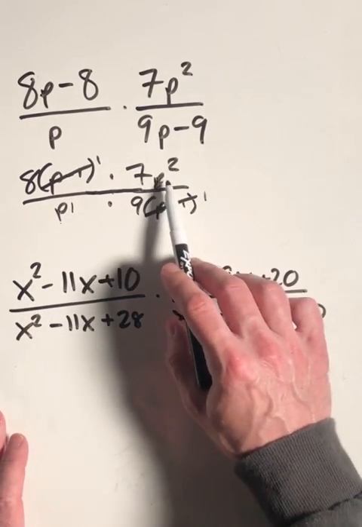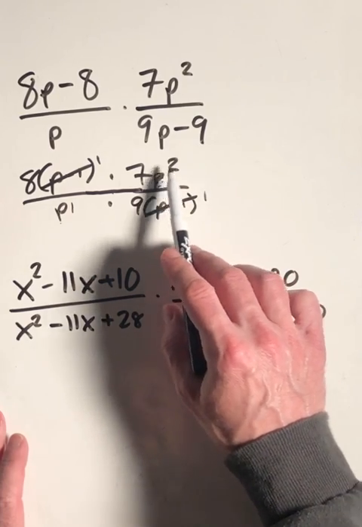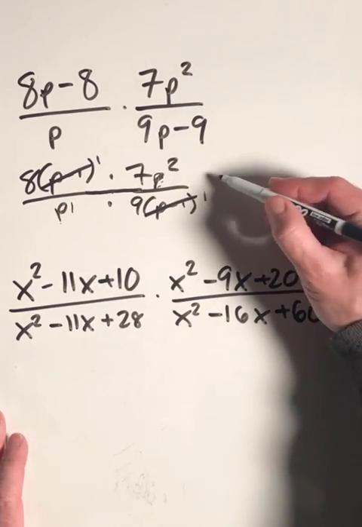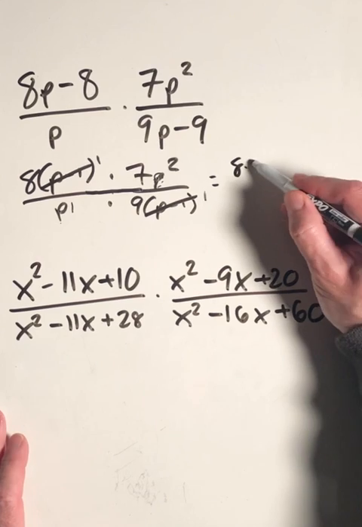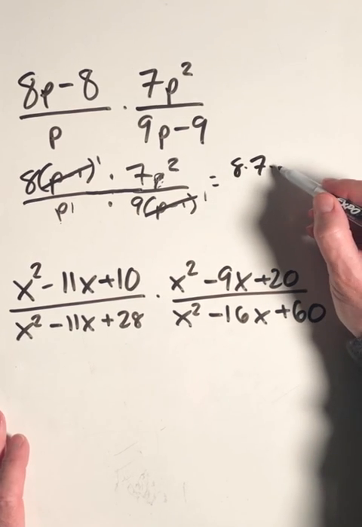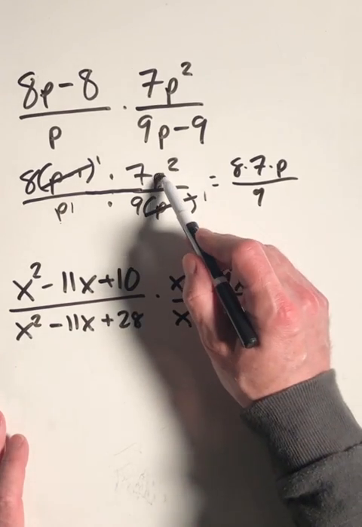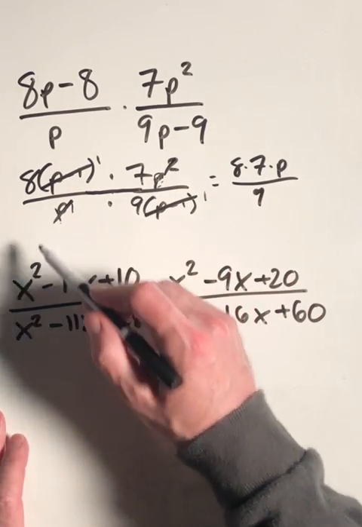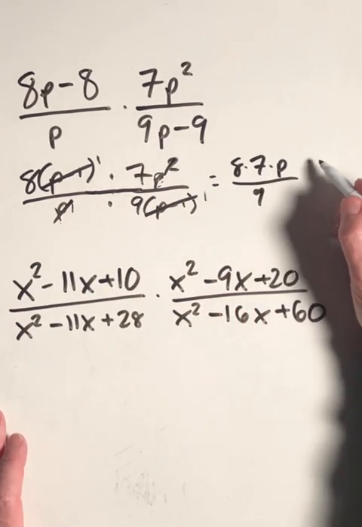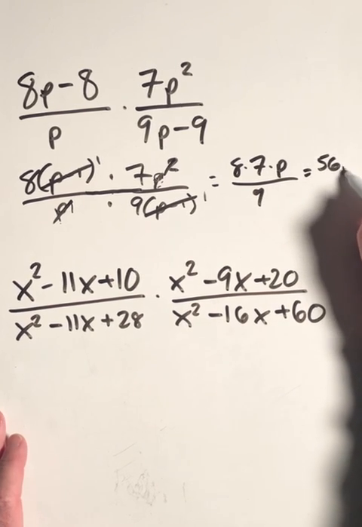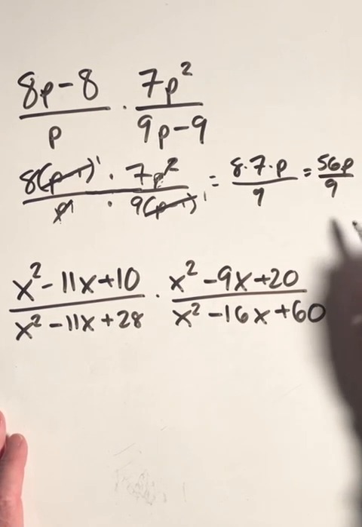When we divide exponents of the same base, we keep the base and we subtract the exponents. So this would really be 8 times 7 times p divided by 9, because one of the p's here and this p would cancel.